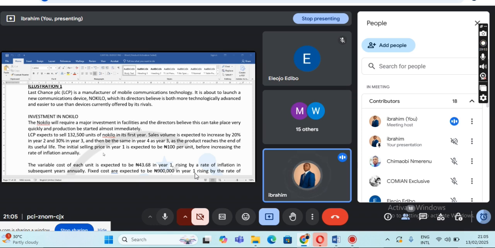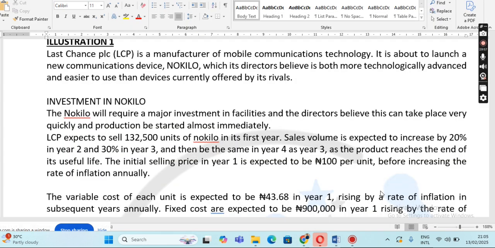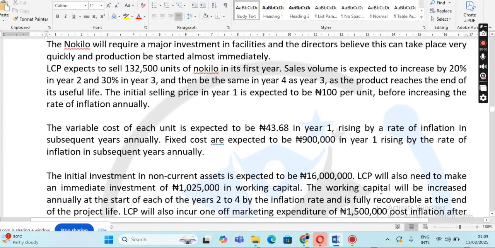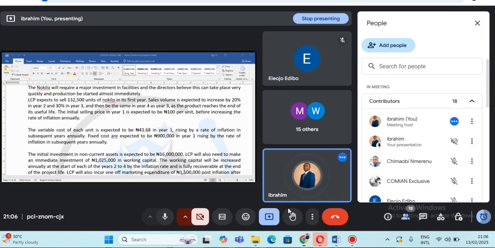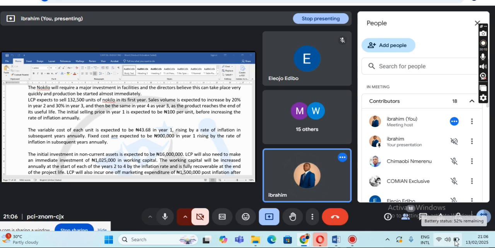Now, the variable cost of each unit is expected to be 43 naira 68 kobo in year one, rising by the rate of inflation in the subsequent years annually.